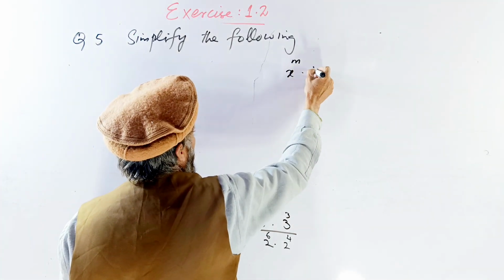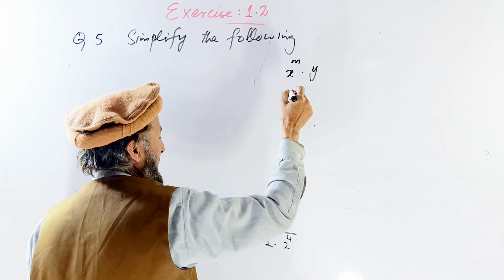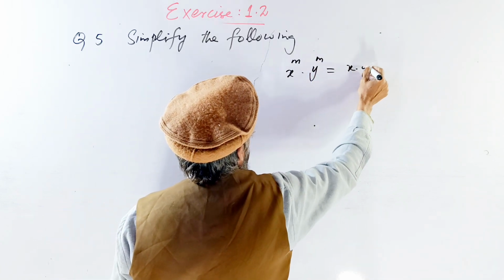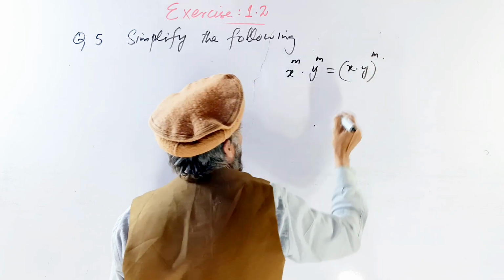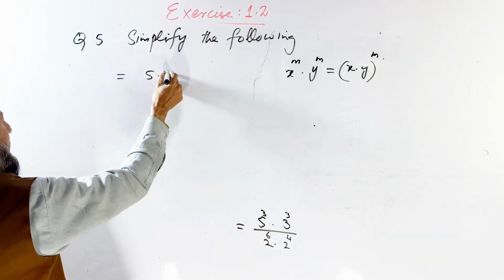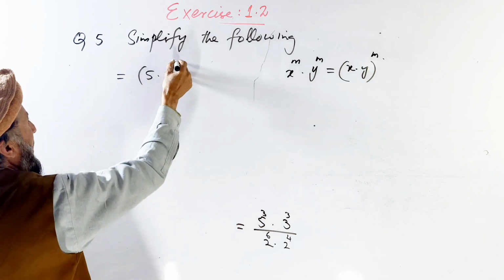x power m and y power m, so we can write x and y for each term. Here we are also applying this rule: 5 power 3 and 3 power 3.